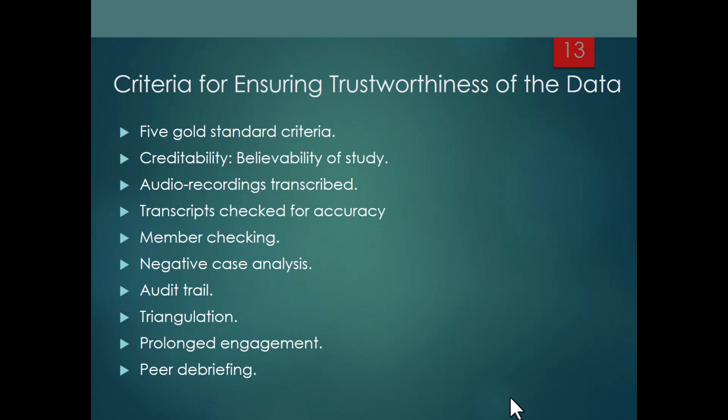The drawback of member checking is that participants may disagree with the interpretation, thus calling it into question. So one disadvantage of this is that when the researcher collects the data, they do the interview and then go back to do member checking, so they go back and talk to the participant after writing up the results to verify that that is exactly what the participant meant, to make sure that the researcher interpreted what the participant said correctly.